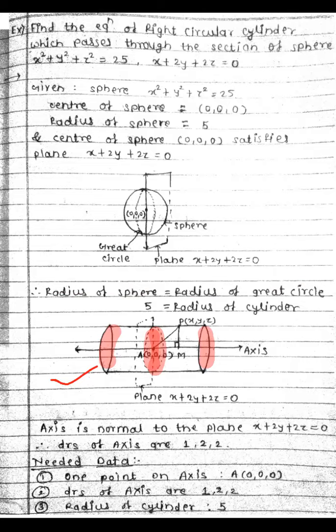So here we imagine that one cylinder passes through that circle. So whatever the radius of the circle is, it is exactly equal to the radius of the cylinder. So here we obtain the radius of the cylinder as exactly 5.